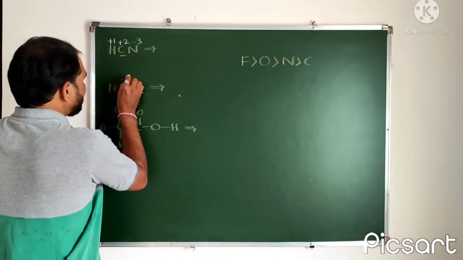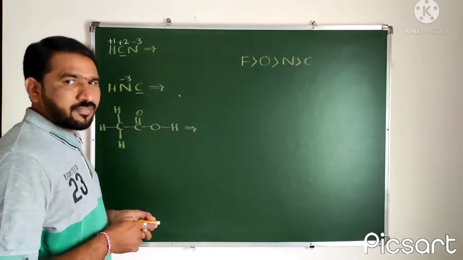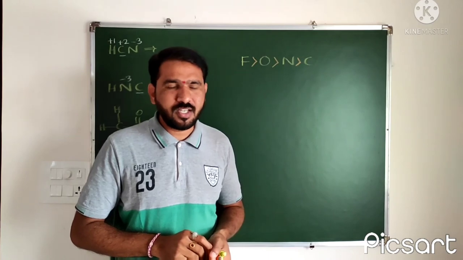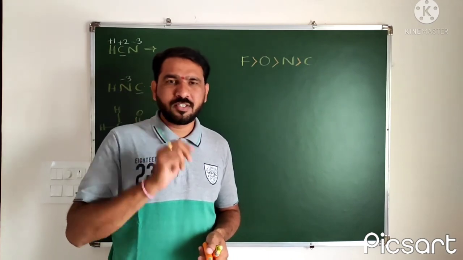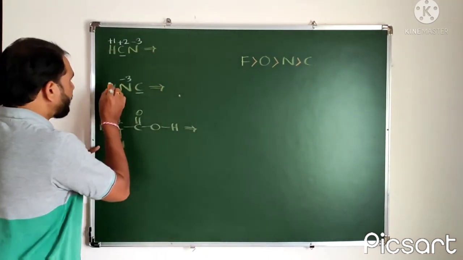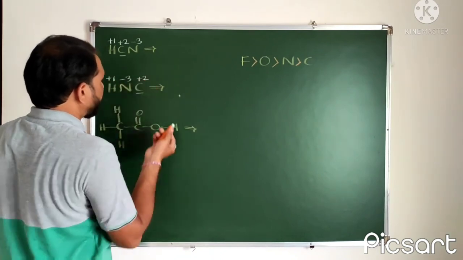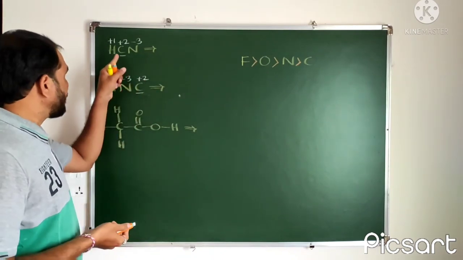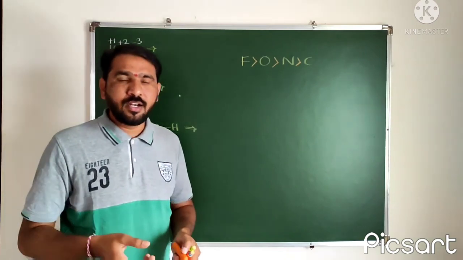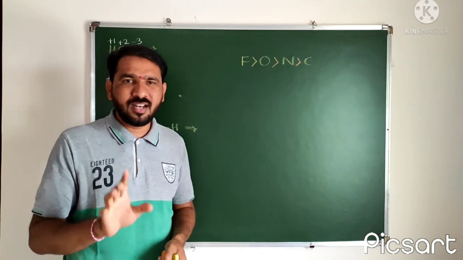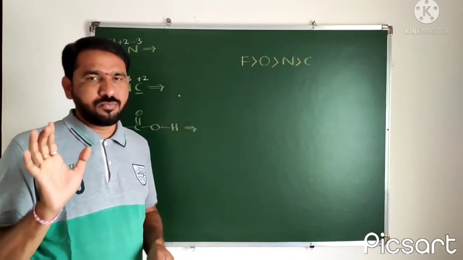So the number of negative charges is 3, which means the positive charges are also 3. Among the +3, +1 is deducted by hydrogen, and the remaining +2 belongs to carbon. In hydrogen cyanide and hydrogen isocyanide, carbon shows an identical oxidation state of +2.